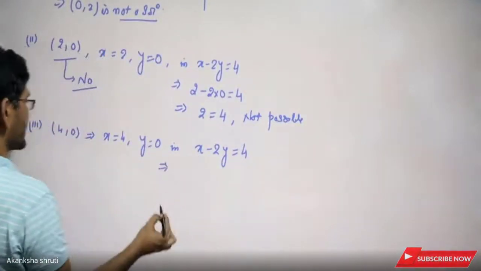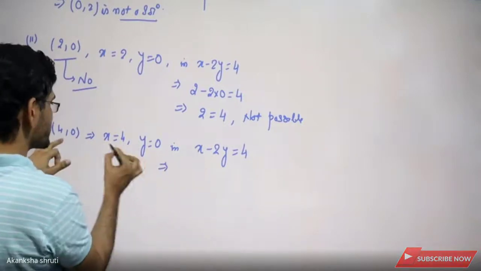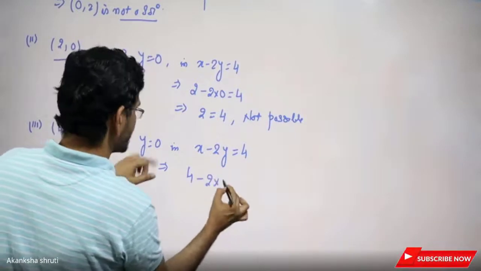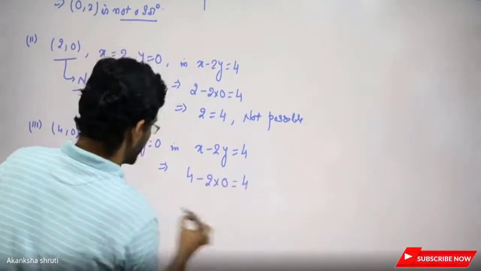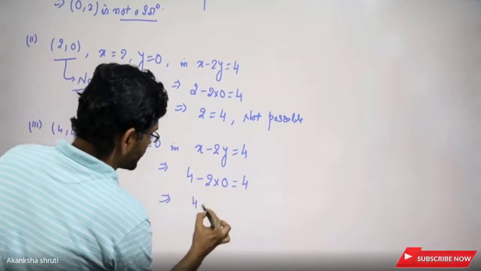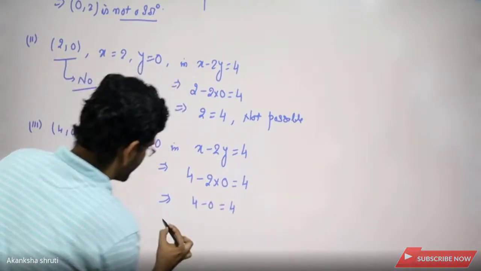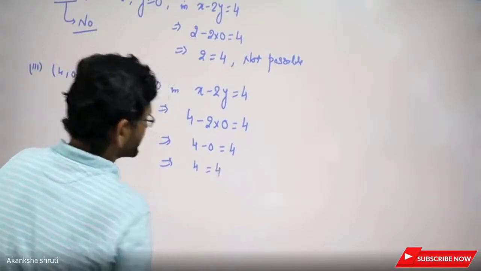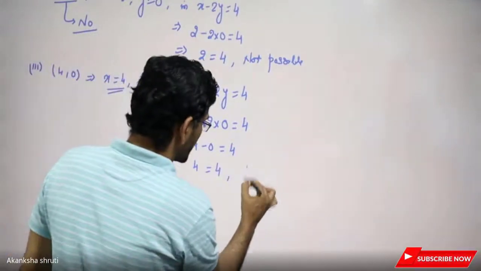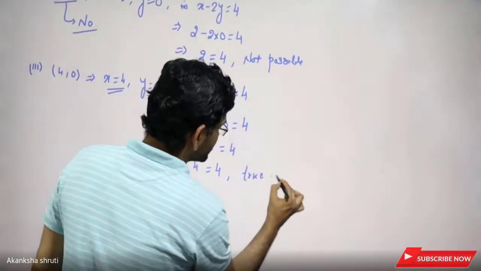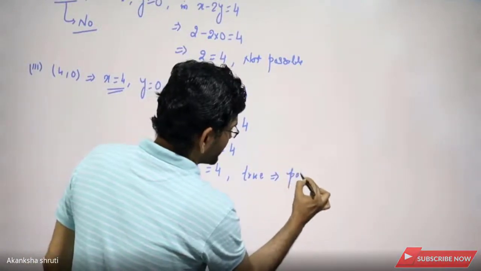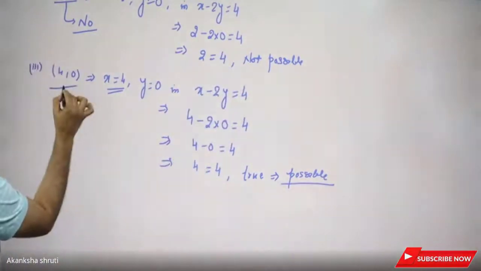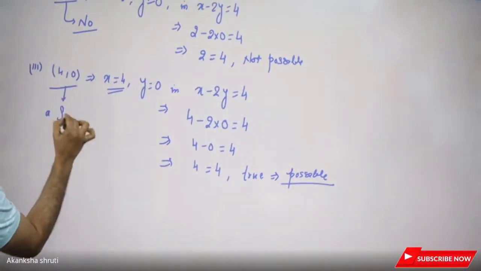Substituting, we get 4 minus 2 into 0 equals 4. The left hand side is 4 minus 0, which equals 4. So 4 on the left hand side, 4 on the right hand side, which is true. Therefore, yes, this is a solution.